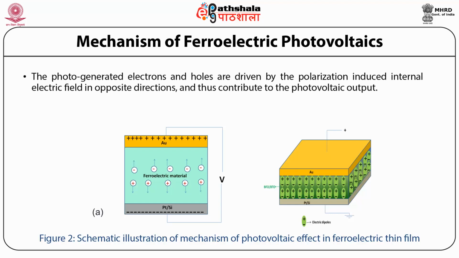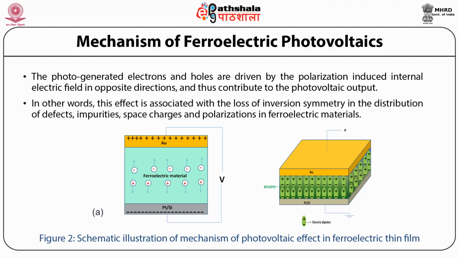The photogenerated electrons and holes are driven by the polarization-induced internal electric field in opposite directions and thus contribute to the photovoltaic output.